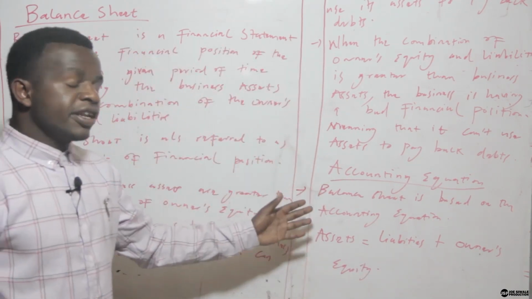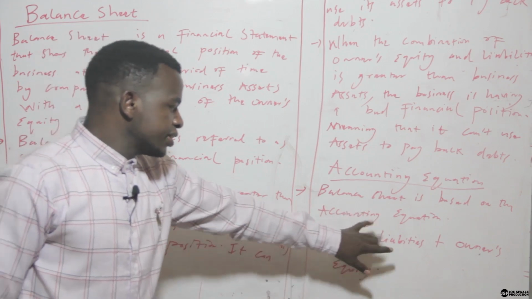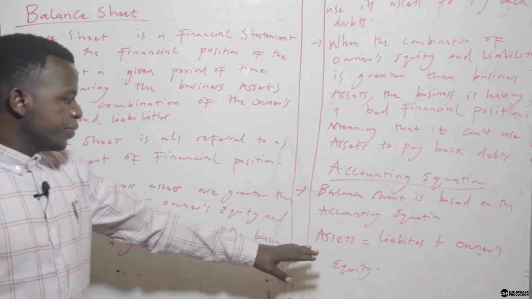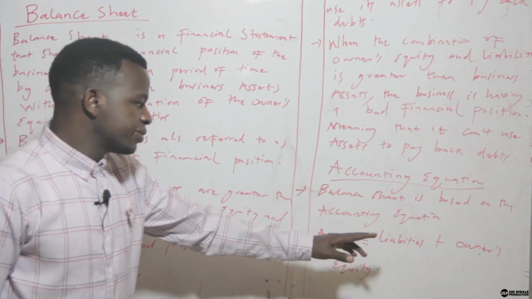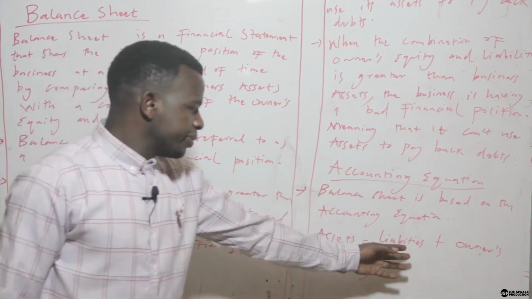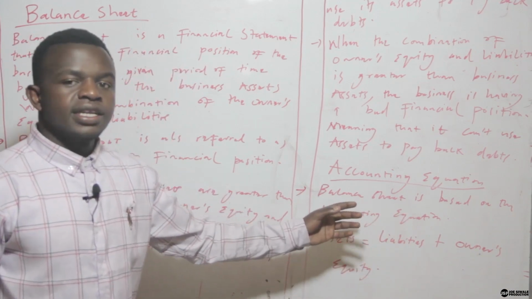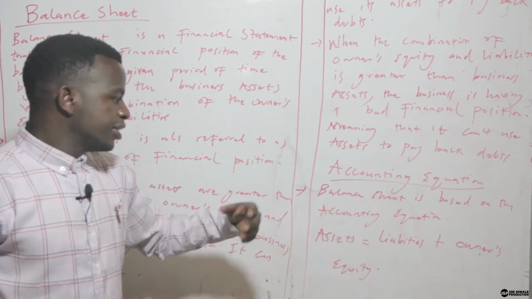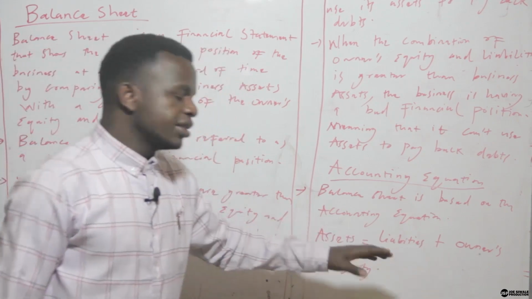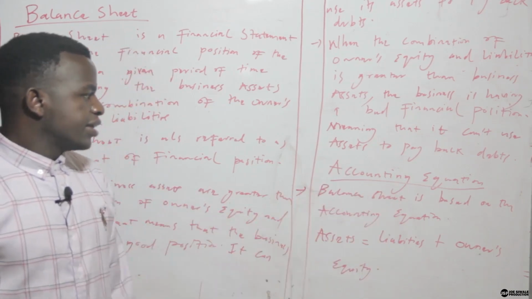And I've said that this financial statement is referred to as a balance sheet because the two sides of this equation must always balance. And that means that these assets can be obtained in two ways, either using liabilities or owner's equity. So for liabilities here, we mean the funds that are borrowed from outsiders and using those funds to purchase assets, or we can use owner's equity, and these are just funds that are invested by business owners. So this is the accounting equation.